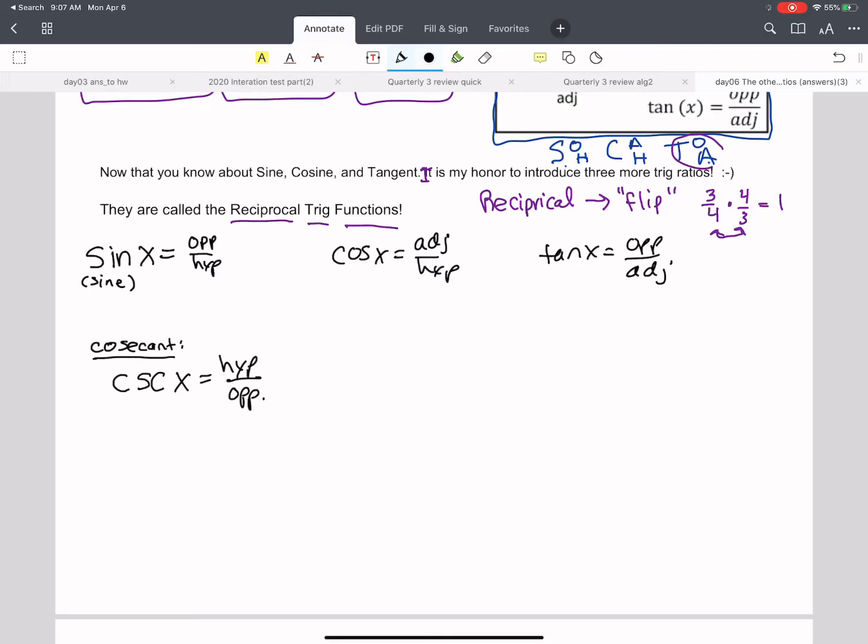And then we have secant. That is abbreviated SEC, but we say secant x. That's hypotenuse over adjacent. And then you have tan. This one has cotan.